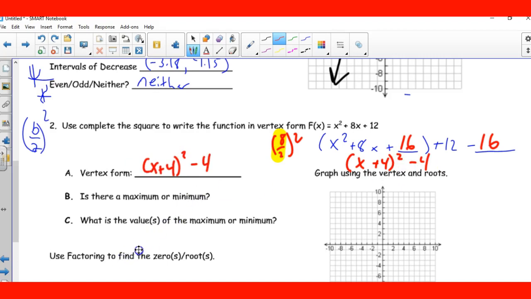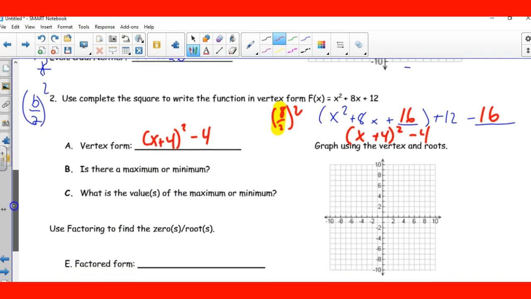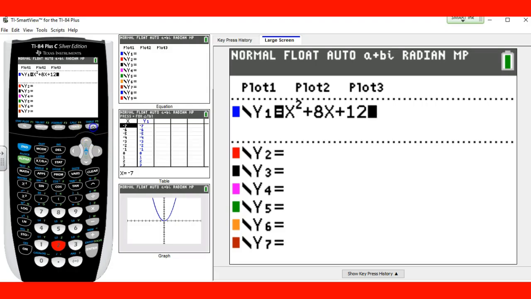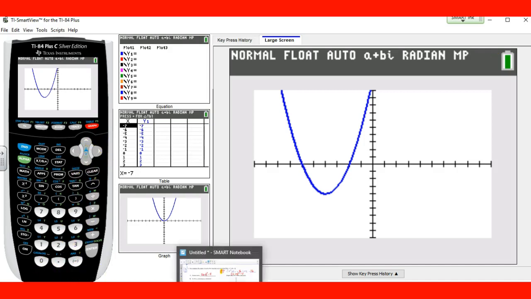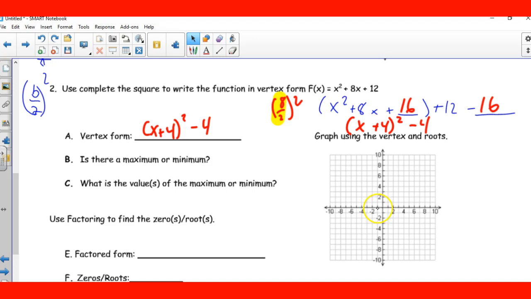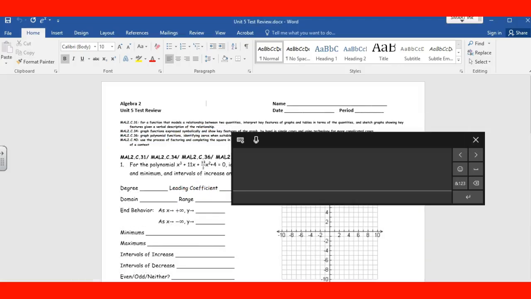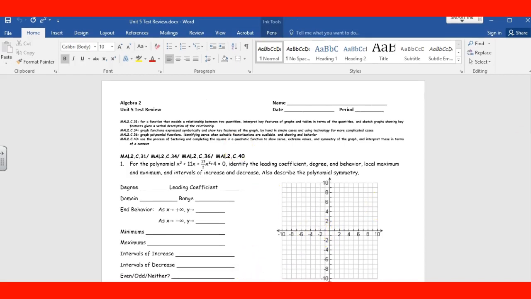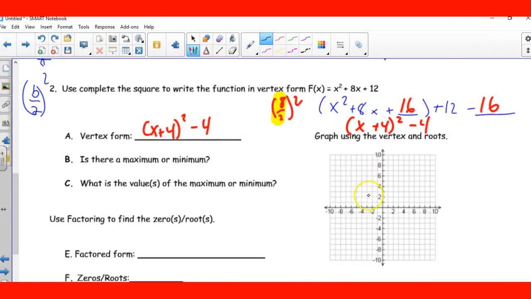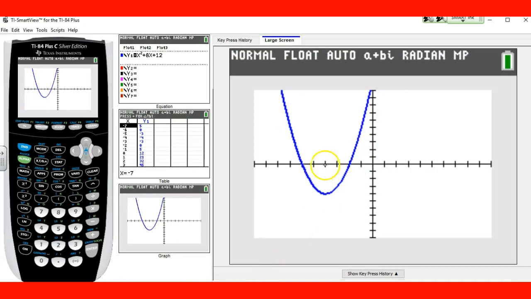So now, is there a max or min? Well, we need to graph it. Let's graph it now. We got a quadratic. So there's our graph. I'm going to sketch the graph real quick. So we have 1, negative 2, and 3, 4, 5, 6, negative 6.